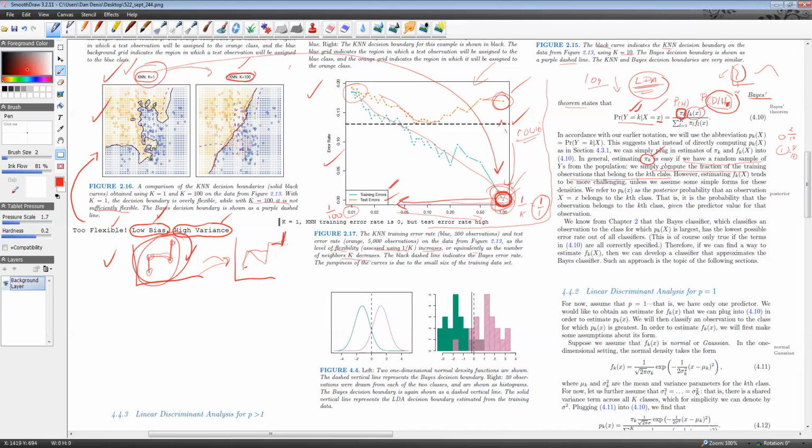The problem is estimating fk of x. So what does the distribution look like for a particular value of x? This is what linear discriminant analysis is going to try to look at for us. If we can get those two things, then we can get pk of x, which is, as we said, the posterior probability that an observation belongs to the kth class.